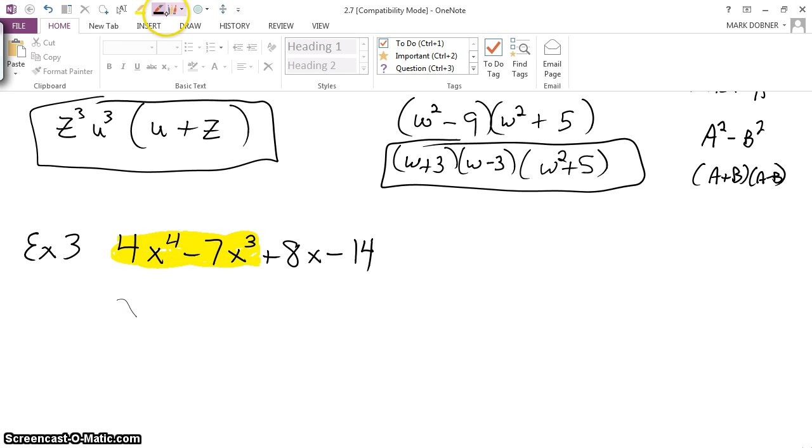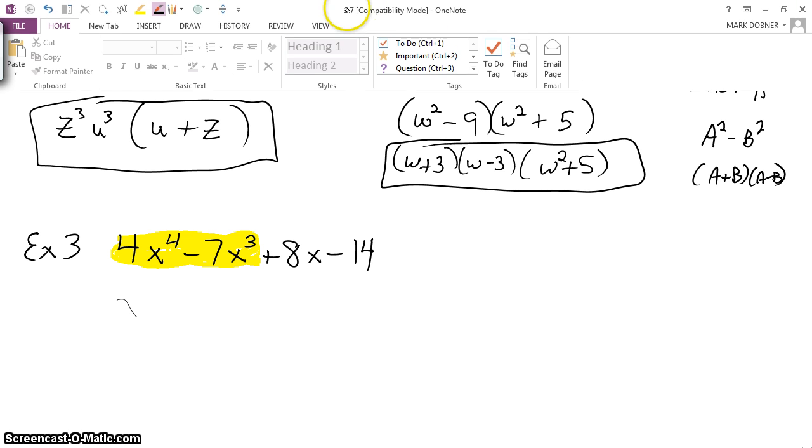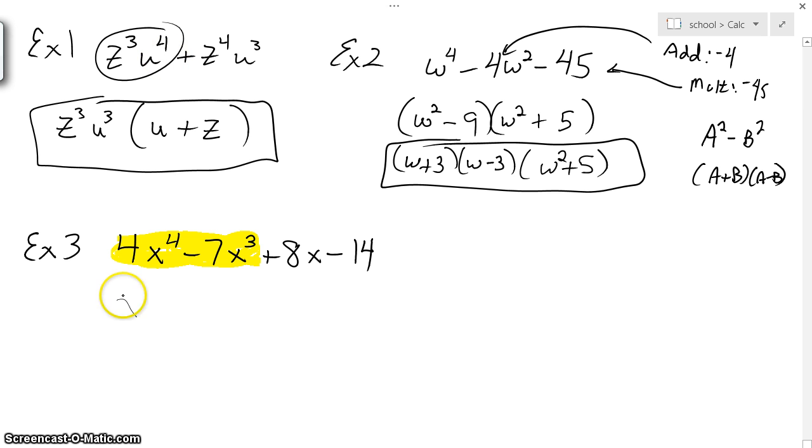However, what you can do very quickly is notice that x to the 3rd is going to work out. So I'm going to actually factor out x to the 3rd, and then this would leave us with 4x minus 7.